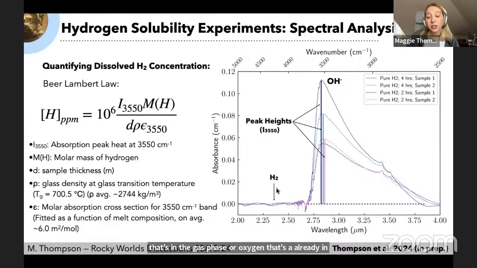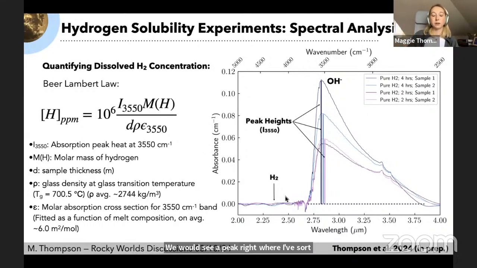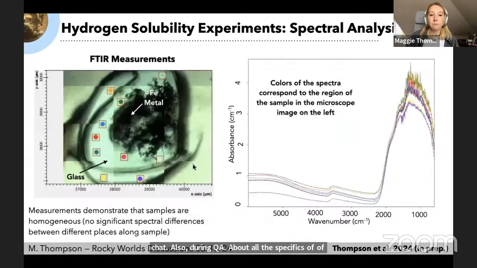If we were seeing hydrogen dissolution in the form of molecular hydrogen, H2, which has been reported previously in some higher pressure experiments, we would see a peak right where I have this arrow, a little bit above 2.25 microns, and we don't see that. So it's exclusively as OH. And I'm happy to chat also during Q&A about all the specifics of fitting for these different parameters that are in this law.